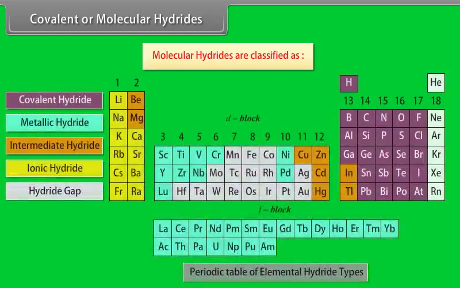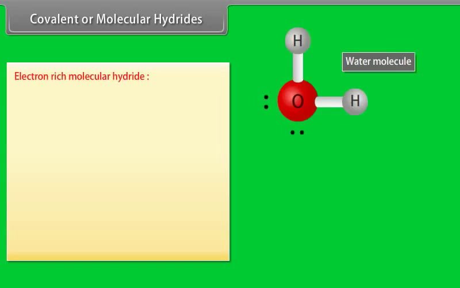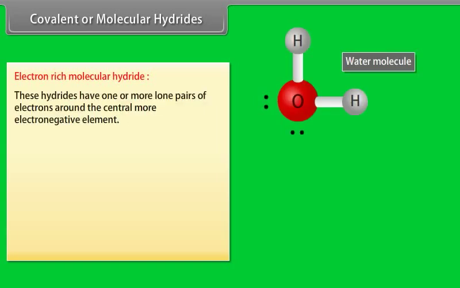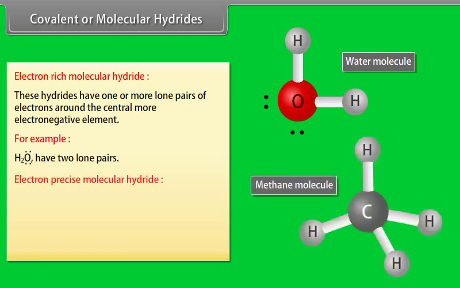Covalent or molecular hydrides. Molecular hydrides are classified as electron-rich molecular hydrides. These hydrides have one or more lone pairs of electrons around the central more electronegative element. For example, water has 2 lone pairs. Electron-precise molecular hydrides.